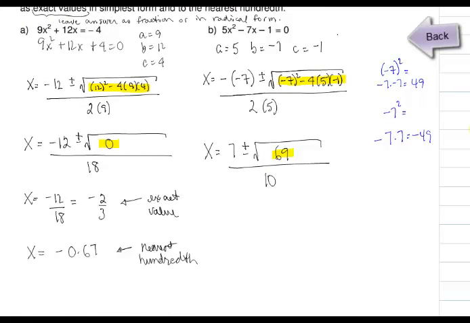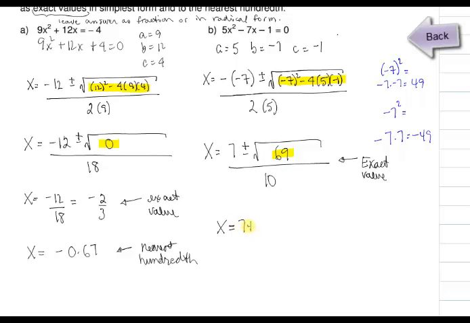So this is our exact value for our roots: 7 plus the square root of 69 over 10 and 7 minus the square root of 69 over 10. We're going to work it out to the nearest hundredths.